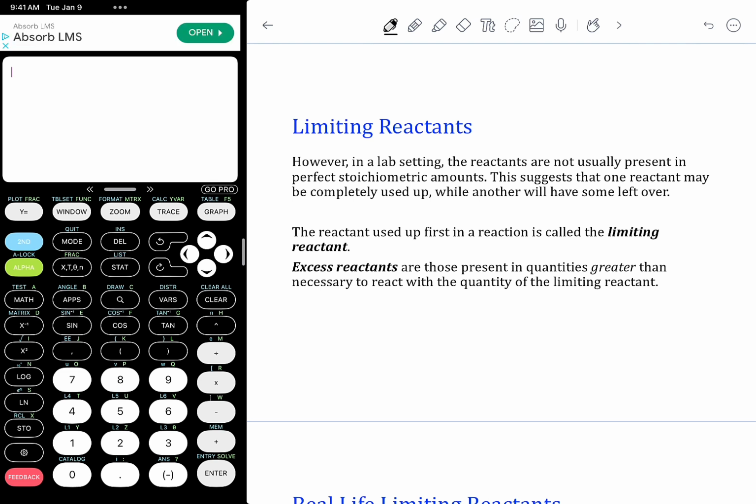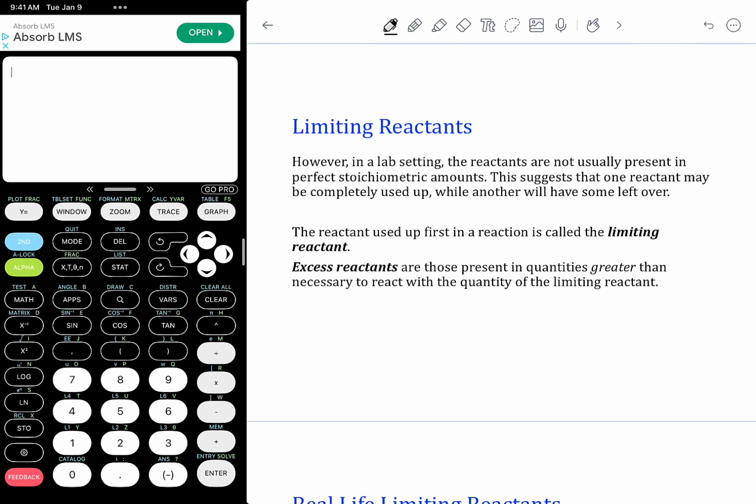When we're making a volcano with vinegar and baking soda, we just dump baking soda in there and pour enough vinegar till we start to see bubbles. But sometimes we have baking soda left over because we didn't measure exactly perfect amounts for those to be reacting completely. So this suggests that one reactant may be completely used up, while another will have some left over.